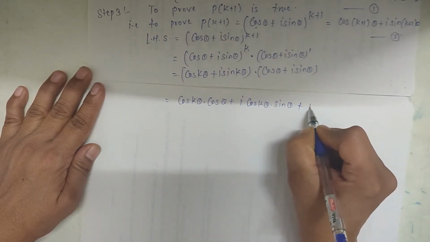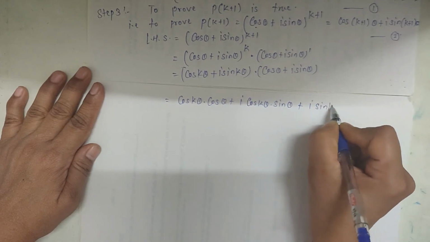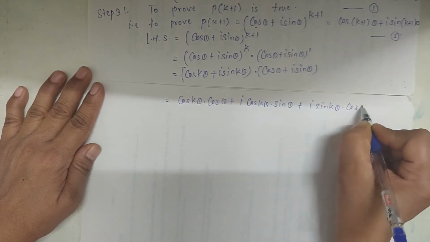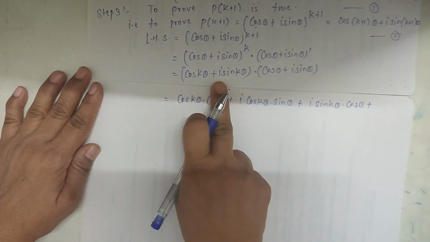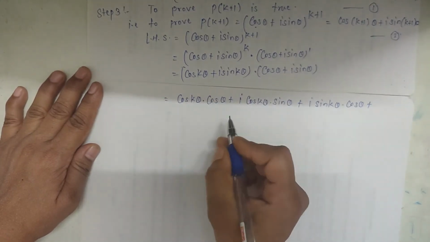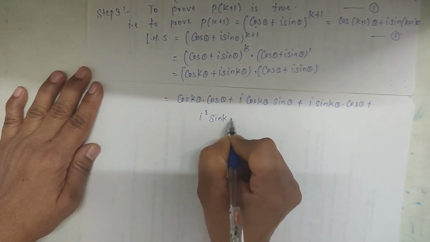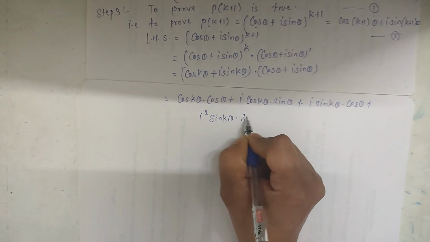So we can write i sin k theta cos theta plus i sin k theta into i sin theta. So i squared, i into i squared sin k theta sin theta.